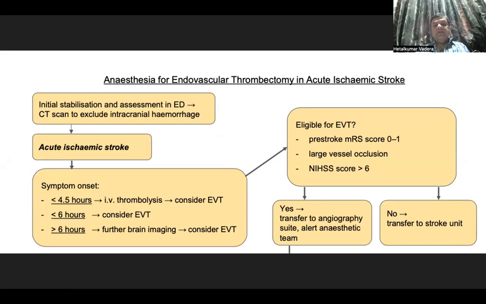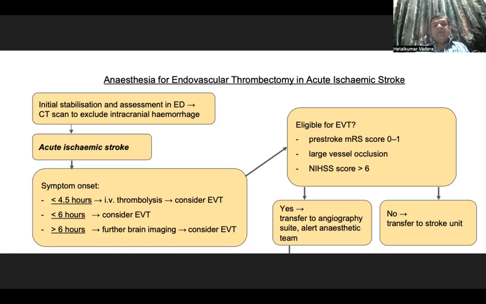But in this situation, most of the time, it is said that 80% of the time it is ischemic stroke rather than stroke because of bleeding. So if it is acute ischemic stroke, we should treat according to time lost before patient comes to us.